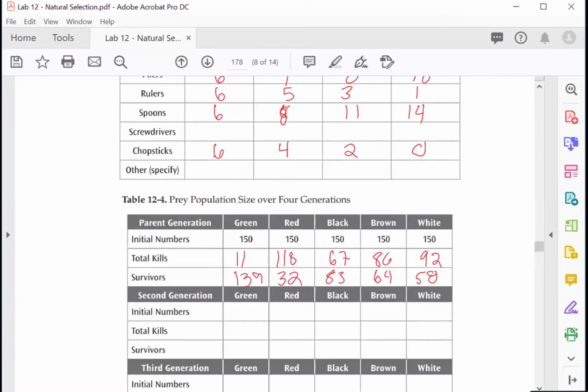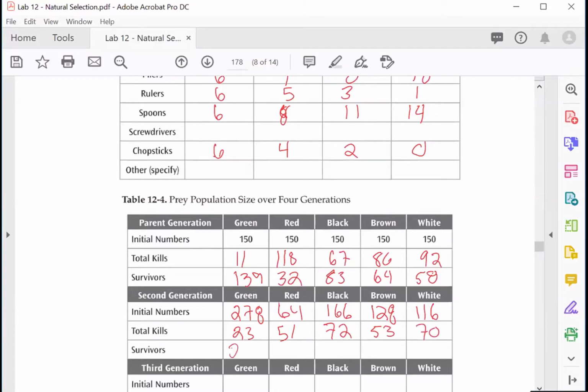So our initial numbers, we're going to double everything: 278, 64, 166, 128, and 116. For our total kills, 23, 51, 72, 53, and 70.